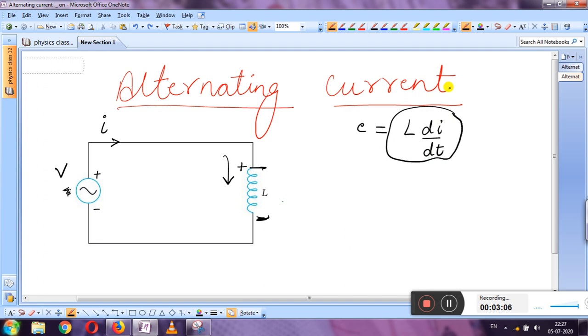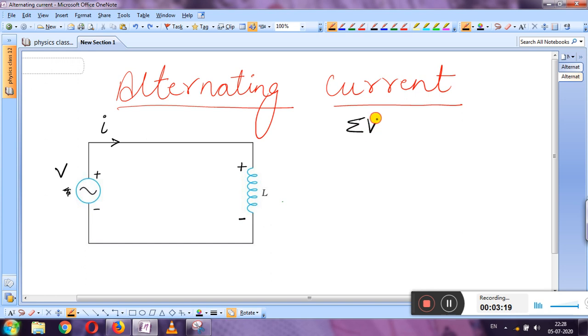Now let us start applying Kirchhoff's voltage rule, or you can say Kirchhoff loop rule. What does Kirchhoff loop rule say? It says that the sum of all the potential differences will be equal to 0 in a loop. Starting from this point, you first of all enter the inductor on the positive side.